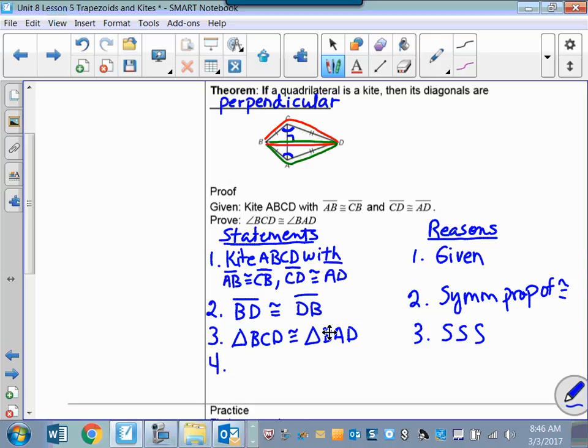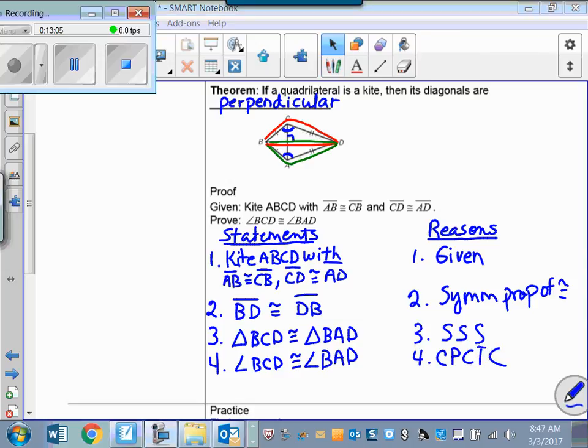And now I can say that angle BCD is congruent to angle BAD. And that's because they're corresponding parts of congruent triangles.